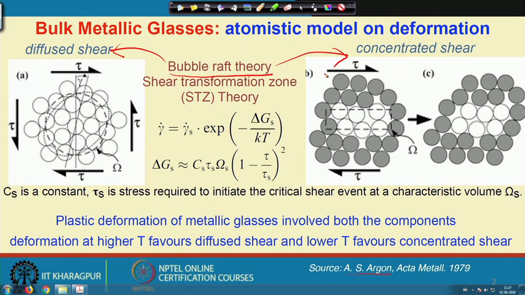In the left hand side, this model is shown here: there are several atoms which are randomly arranged, and if we think about such a cluster and give it a shear strain, then upon application of the shear stress, some strain will be generated, which is gamma, and this is the net amount of shear strain given to that cluster.